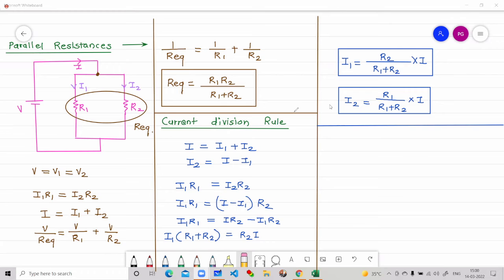I don't think they will ask so specifically in IMA, but still from my side I'm telling you, if the wording says solve it by the current division rule, then you have to go by that. If it says solve it by the voltage division rule, then you have to go by that. If nothing is mentioned, it's your choice, you can solve it however you want.